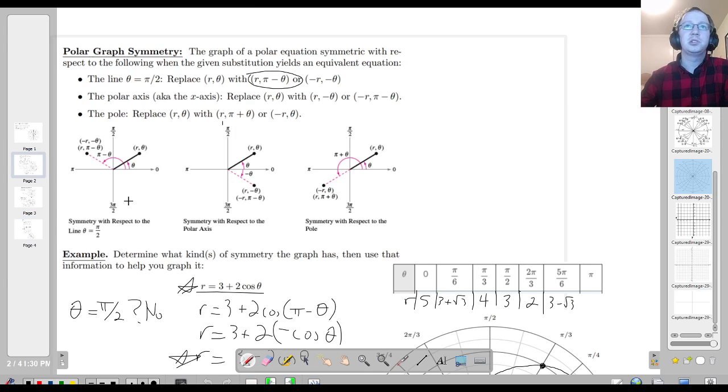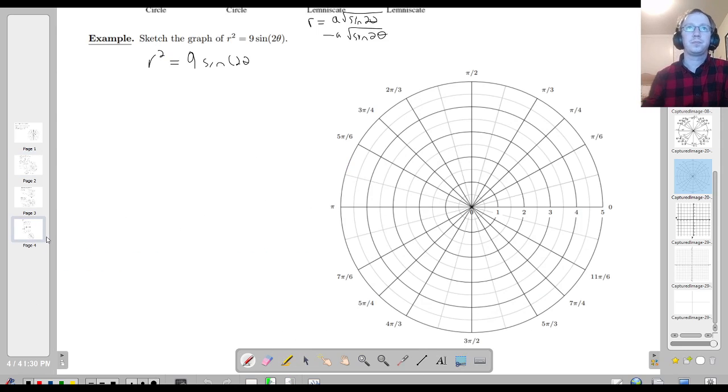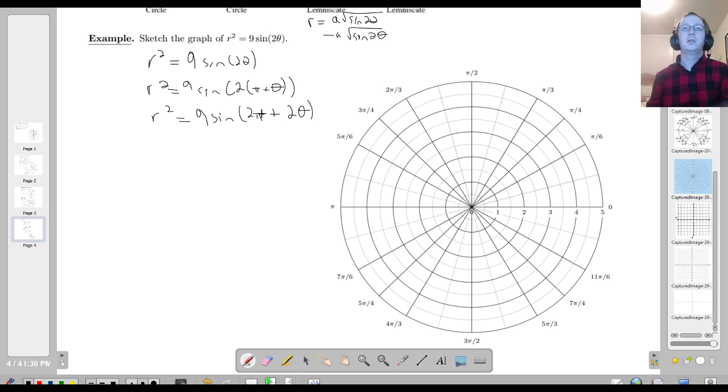Okay, so I'm just going to plug in pi plus theta for the angle. Let's see what happens there. If you add 2 pi to anything and plug it in a trig function, nothing's going to change, right?